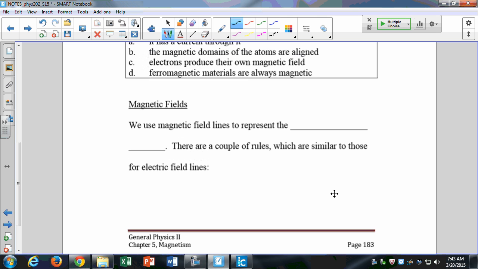Okay, just a few more simple things on this, and then we're going to get into cross products. We use magnetic field lines to represent the magnitude and direction of B fields. We have a couple of rules similar to those we had for electric field lines. Remember, for electric field lines, the density of the lines represents the magnitude of the electric field, and they start at positive and end at negative charges. We're going to have similar rules.